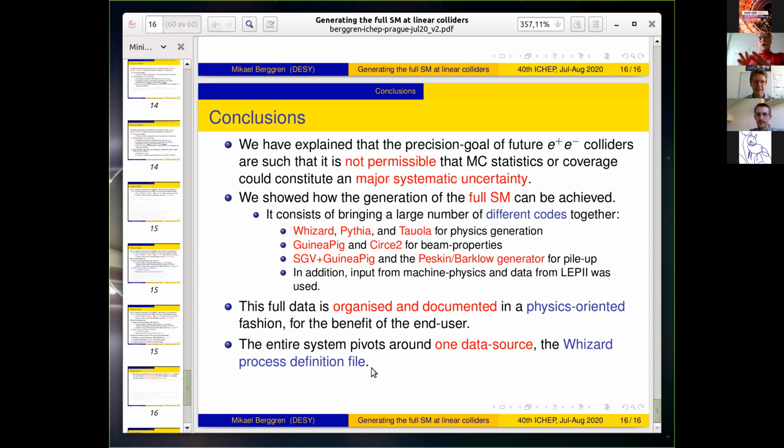So this is more a question for Remi when he explains that. Okay. So I do indeed think that the resource needs are smaller than for high-luminosity LHC, but they are not negligible.